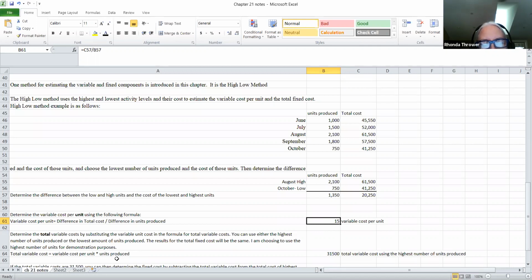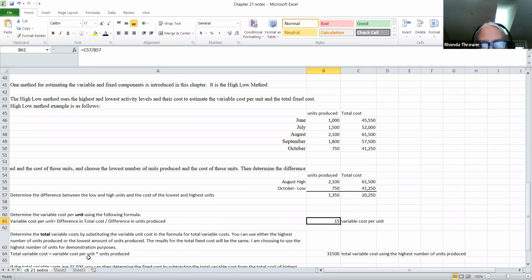In the high-low method, I have a choice of choosing either the highest units produced or the lowest units produced. Either way, it will give us the total variable cost for the units produced. In this example, I'm going to use the highest units produced. I could have chosen the lowest units, but I just wanted to use the highest.